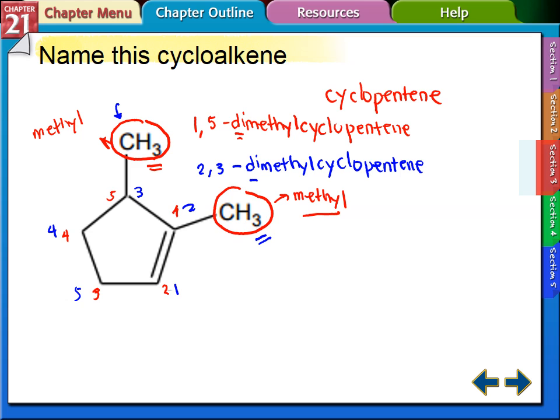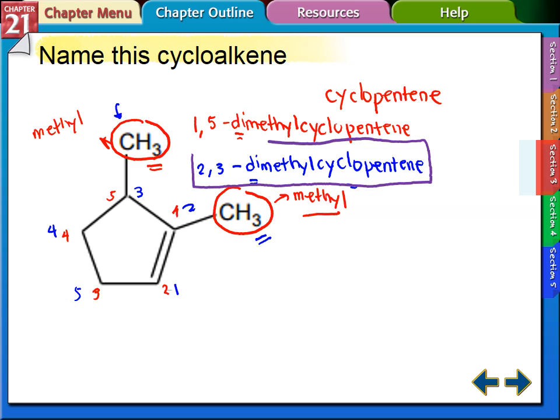And again, we have the di, which means that we have two methyls connected to our cycloalkene. Now, recall that the lowest possible numbers should be assigned to our alkyl groups, and therefore the second name is more appropriate.